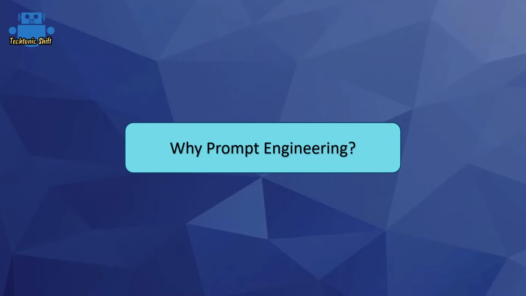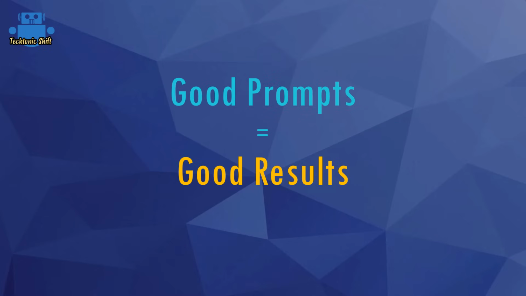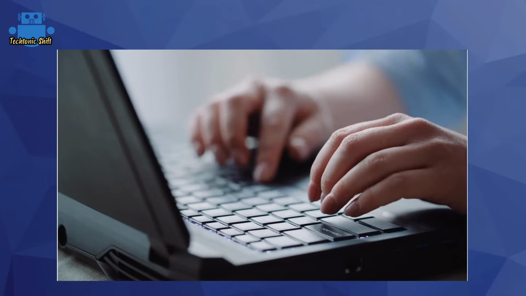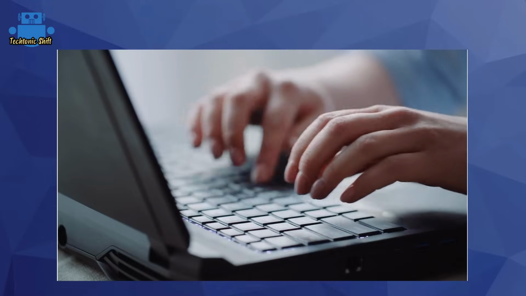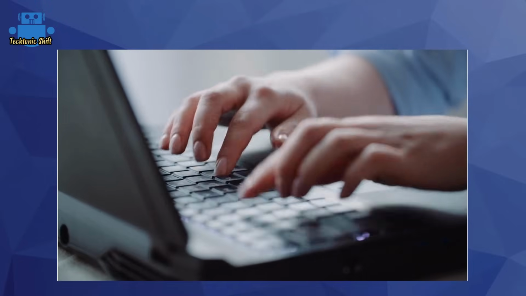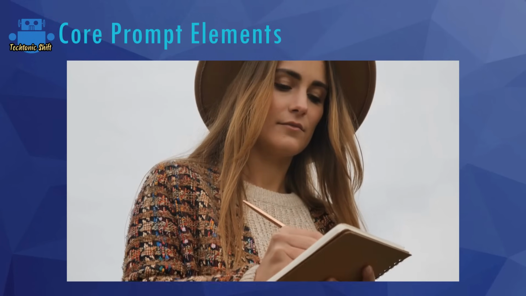And that's why prompt engineering matters and what prompt engineering is all about. In the end, it is about writing good prompts and getting good results. And writing good prompts is all about adding just the right information and just the right context to the right goal.